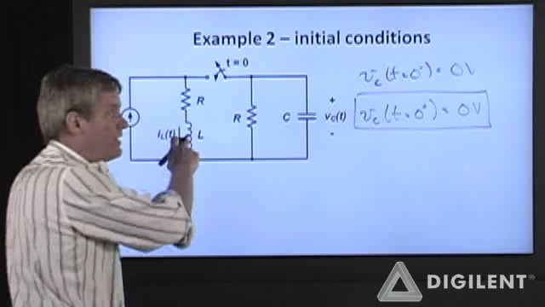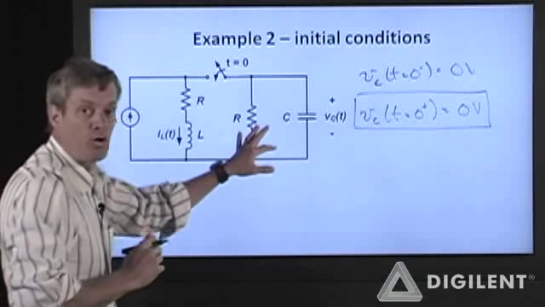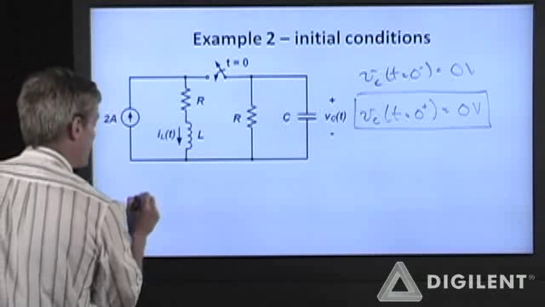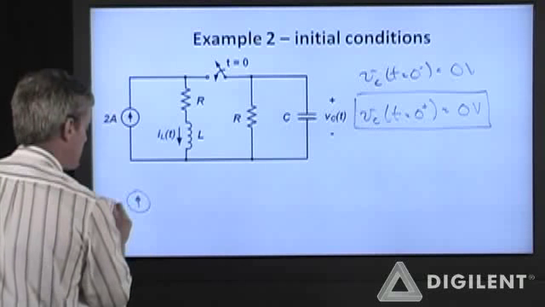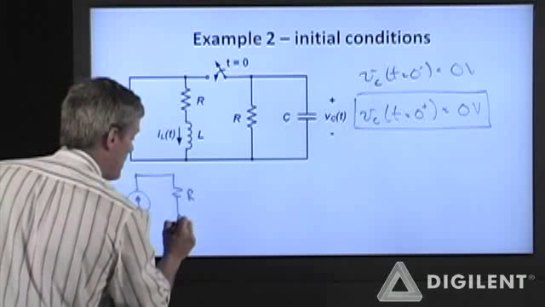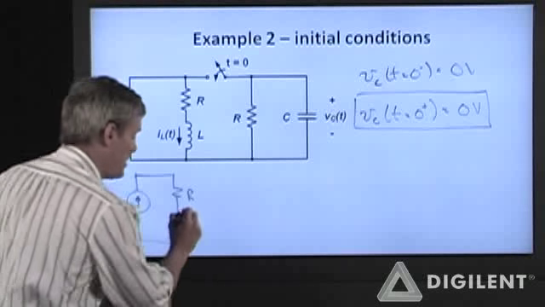Looking at the current through the inductor. If this switch is open and has been open for a long time, this inductor is going to look like a short circuit. So I have 2 amps going through a resistance R and a short circuit condition here.